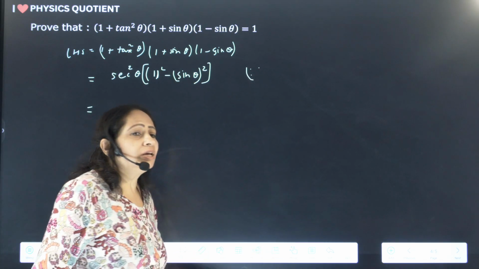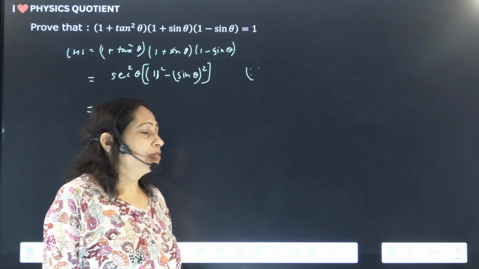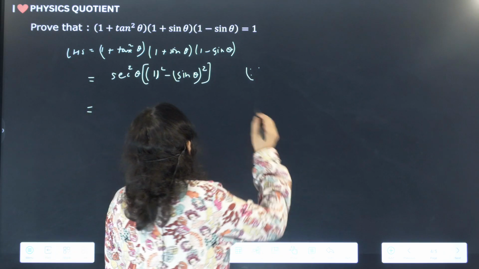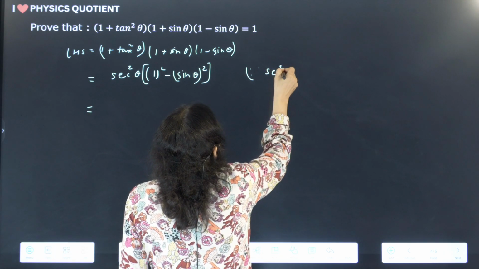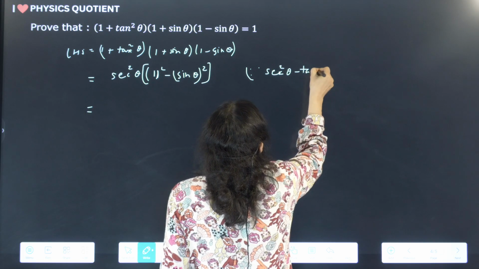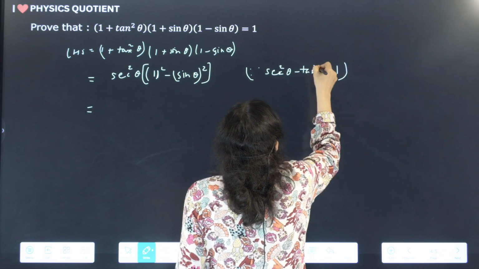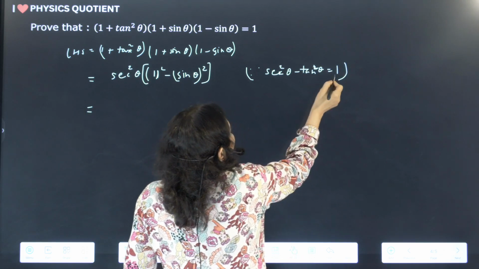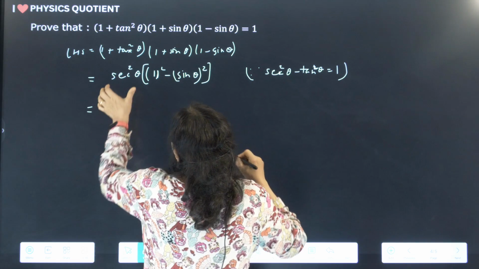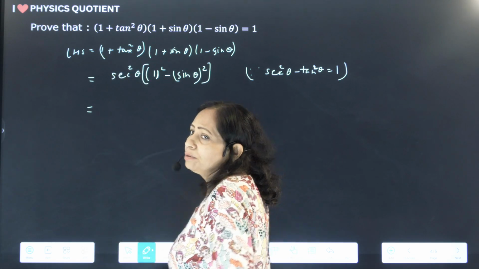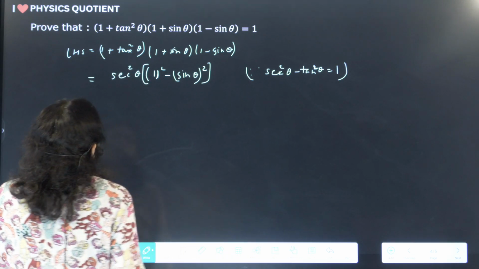You have to mention each and every reason, otherwise you will lose marks. Sec square theta minus tan square theta equal to 1. So I can write 1 plus tan square theta will be sec square theta. So here I mentioned sec square theta in place of 1 plus tan square theta.